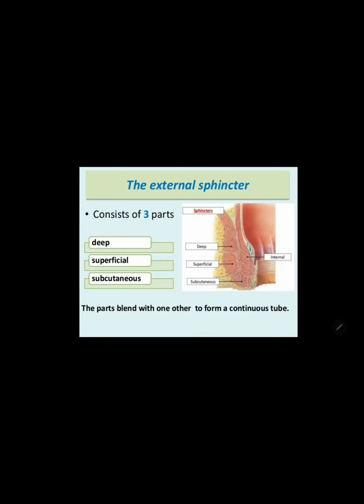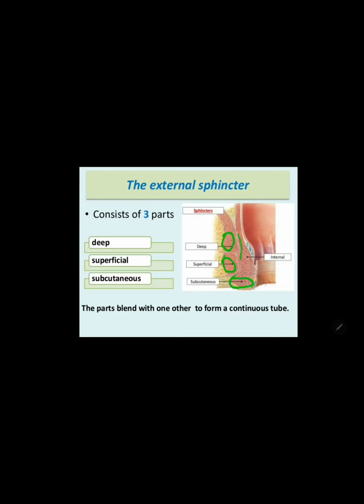The external sphincter is voluntary, composed by the skeletal muscles around the entire length of anal canal. Consists of three parts, which you have seen in the animation and dissection specimen. The subcutaneous, superficial, and deep parts supplied by the voluntary nerves, that is the inferior rectal branch of the pudendal nerve and perineal branch of the S4. And you can see there the deep part, superficial part, and the subcutaneous parts there.